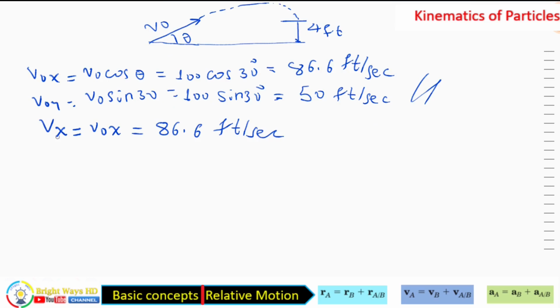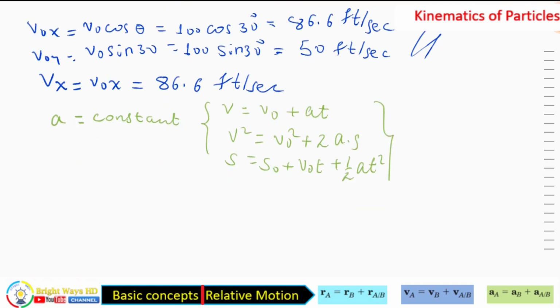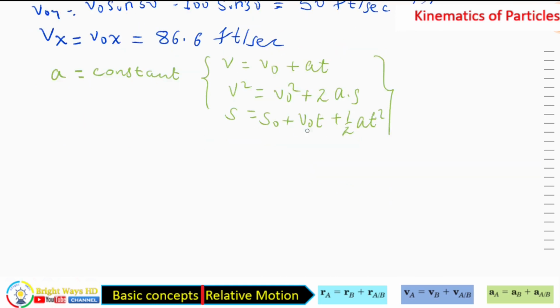Now for constant acceleration, we know that we have three equations: v equals v0 plus at, v squared equals v0 squared plus 2as, and s equals s0 plus v0t plus half at squared. By using these equations, we can solve for the unknown parameters. For the vertical direction, to evaluate Vy, we can apply the third equation.